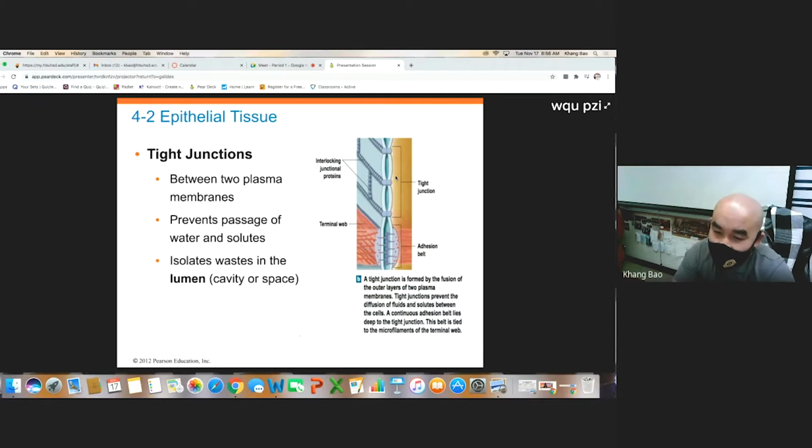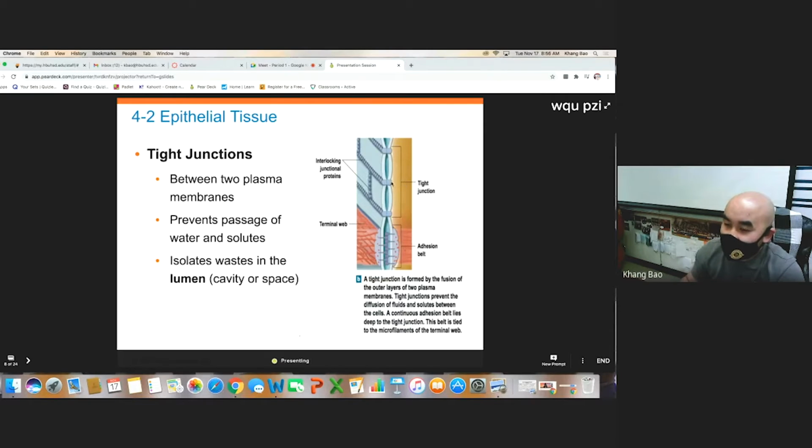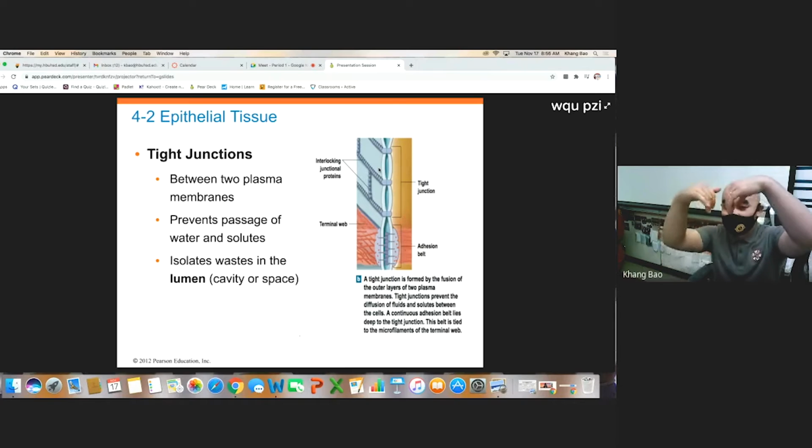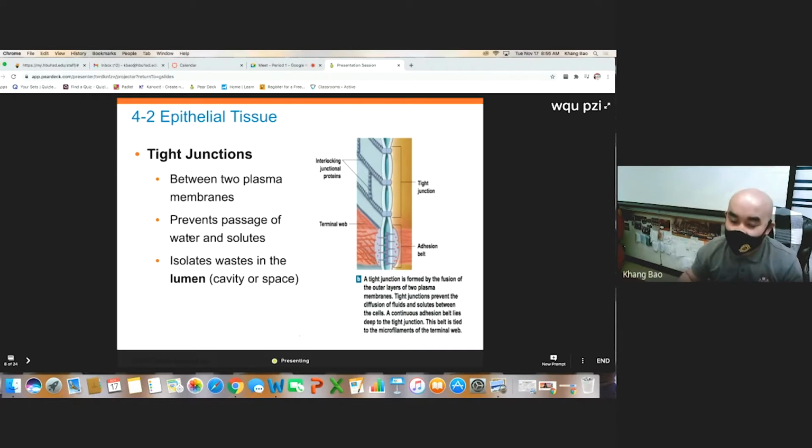It prevents passage of water and solutes, making sure that things are not leaking from one cell to another. It creates a kind of membrane that keeps things in one cell from another. Okay, so the word that you should highlight is prevent, right? It prevents.